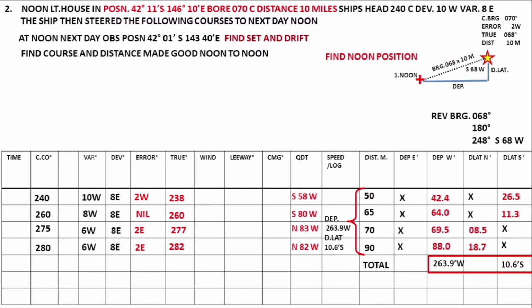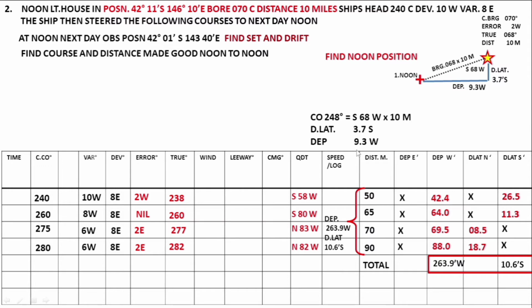And I find out the DLAT and departure for this. My DLAT and departure for the course of 248 degrees here is 3.7 and 9.3. Find my known position: I use the position of the lighthouse, use the DLAT, get my known position here.